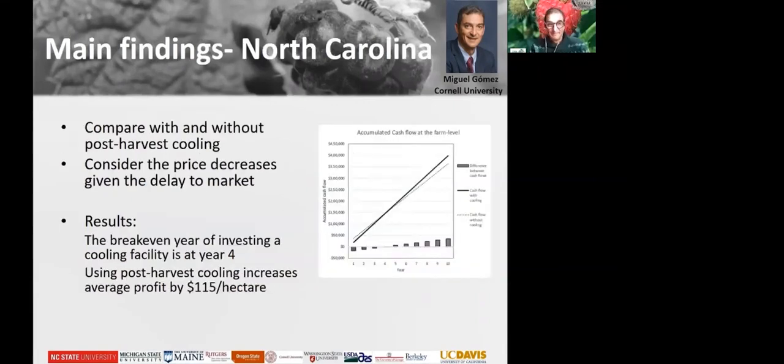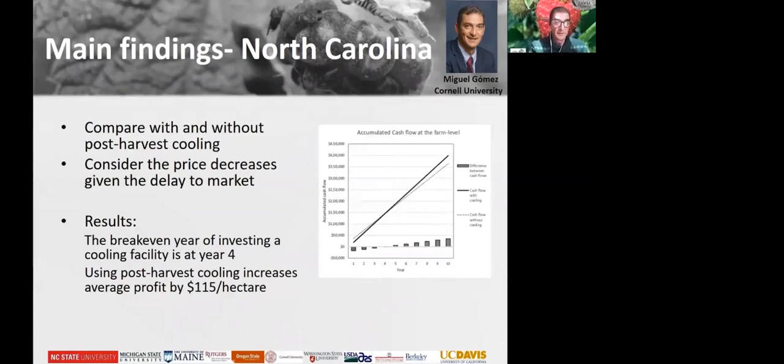Next, please. So another example is we focus also on high bush blueberries in North Carolina. And in this case, we focus on the comparison between not having and having post-harvest cooling.